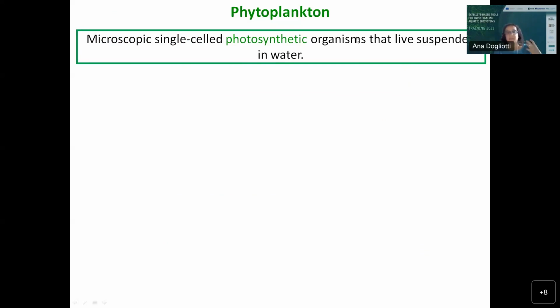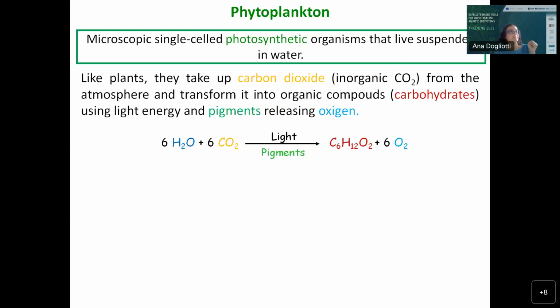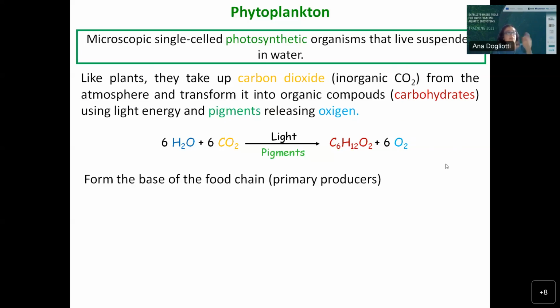They have pigments that allow them to do photosynthesis, and they live suspended in the water. Like plants, they take carbon dioxide from the atmosphere, transforming it into organic compounds using light energy and pigments, finally releasing oxygen. So they form the base of most of the food chain. That's what they call primary producers.